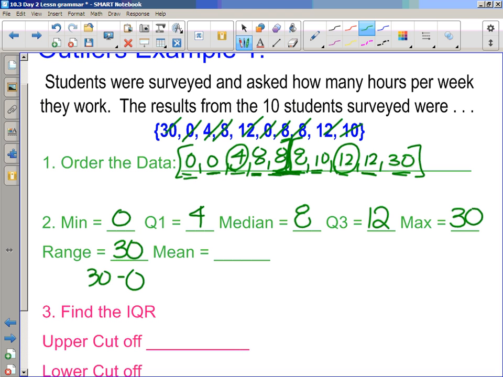And then remember, to get the mean, add the numbers and divide by the total number of values. If I add these up, I get 0 plus 0 plus 4 and so on. I have a total of 1, 2, 3, 4, 5, 6, 7, 8, 9, 10 numbers. My mean is 9.2.